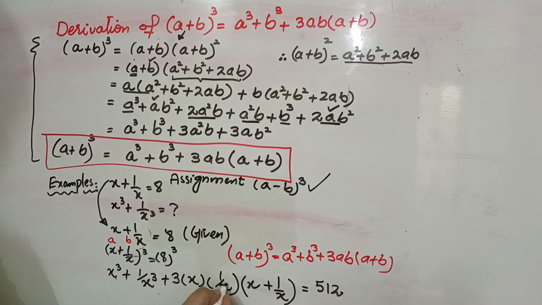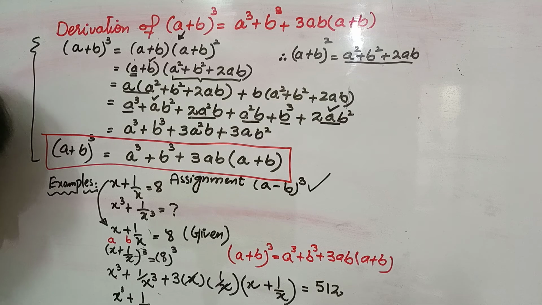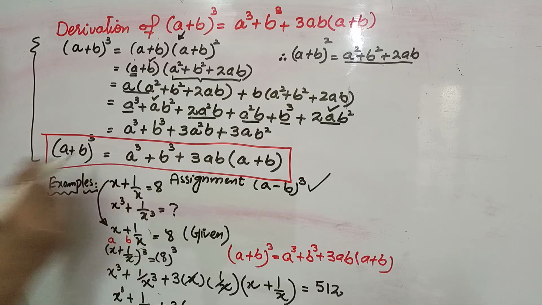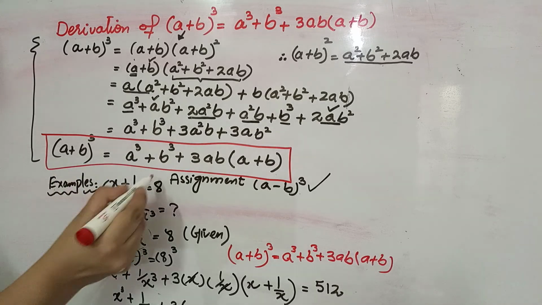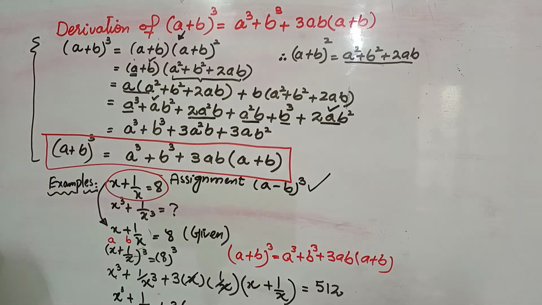This numerator and denominator both are same, so they are cancelled out. So x^3 + 1/x^3 + 3 as it is, x + 1/x is equal to 8. So I am substituting the value over there: x^3 + 1/x^3 + 3 into 8 is equal to 512.